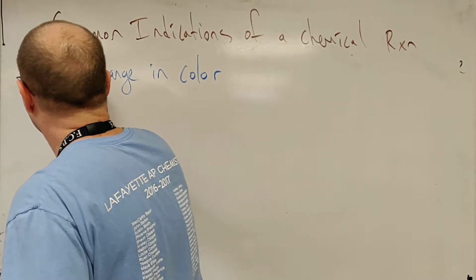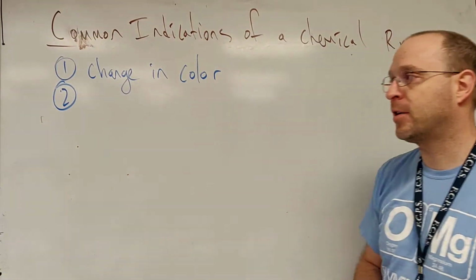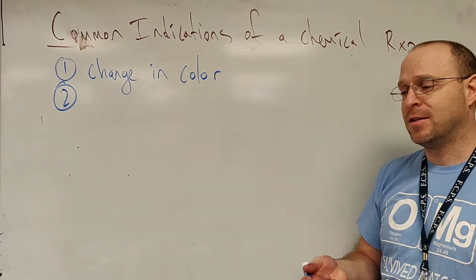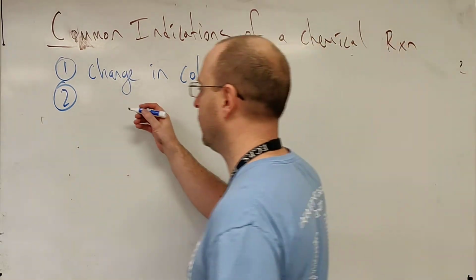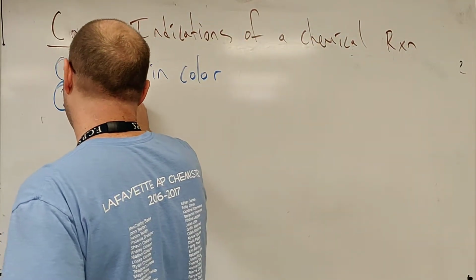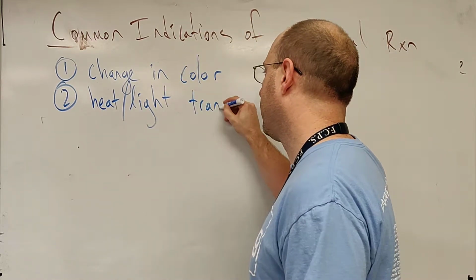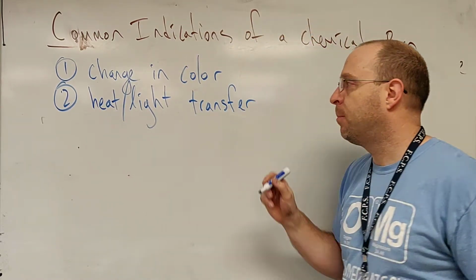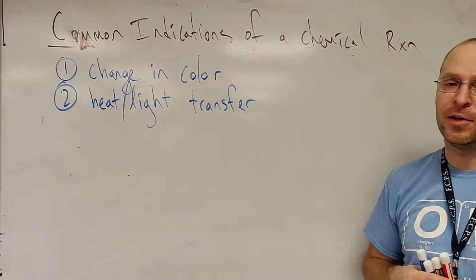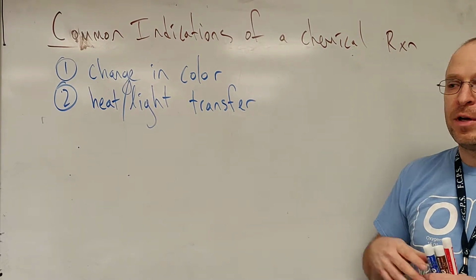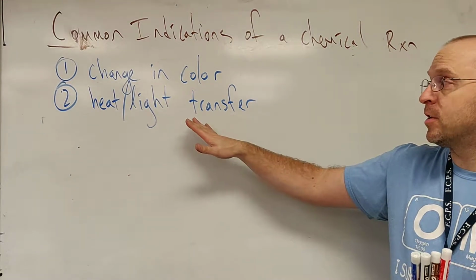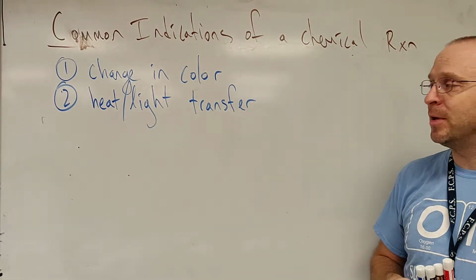A really common chemical reaction for people to recognize is combustion. And with combustion, you generally get heat or light transfer. And I put heat or light transfer, not necessarily heat or light given off, because you can have reactions that produce heat and light, like burning a piece of paper.